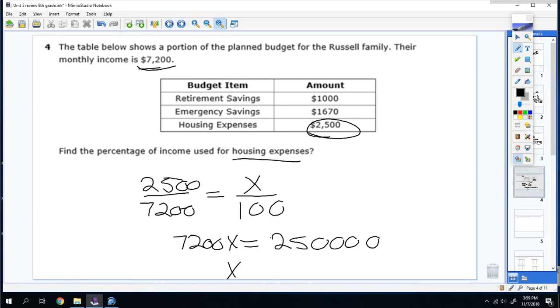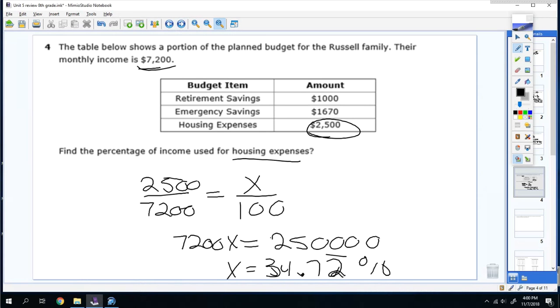When you do that, you get 34.72 repeating percent. And again, it's been a long time since we did those, so it's not the fact that you didn't know how to do it, just that you forgot how.